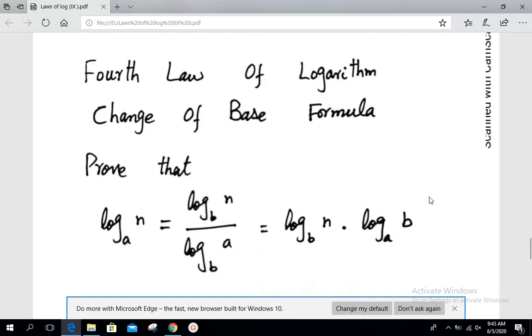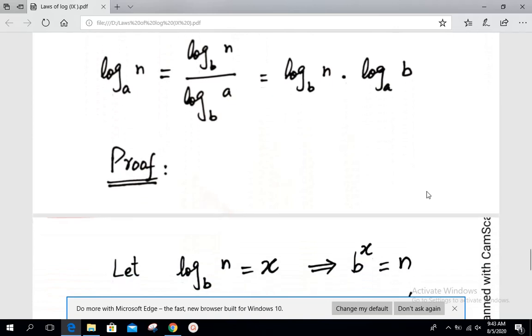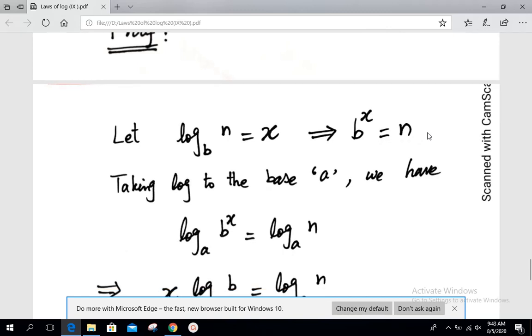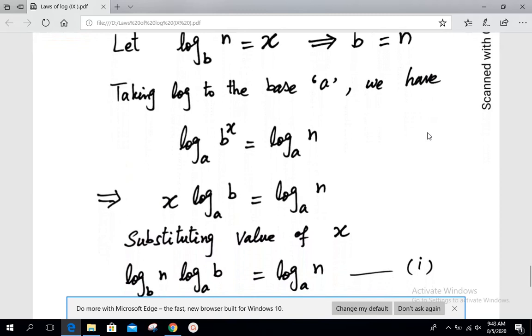Now we start our proof as, let log of n with base b be equal to x, which implies that b power x is equal to n. We converted logarithmic form into exponential form. Taking log to the base a on both sides, we have log b power x with base a is equal to log n with base a.